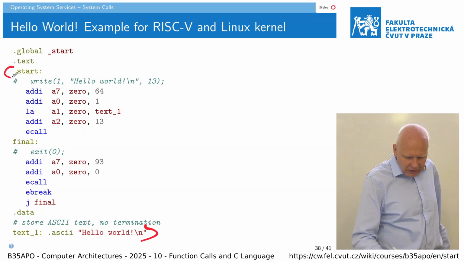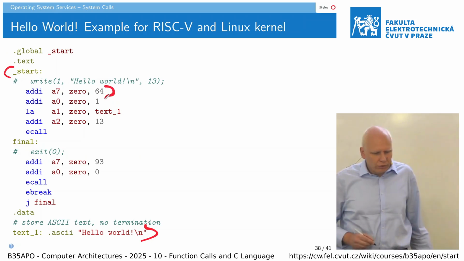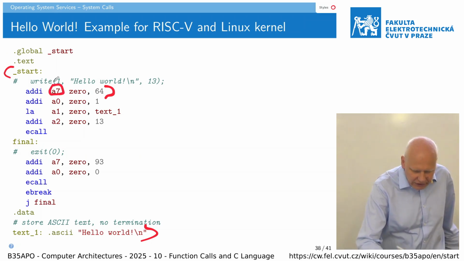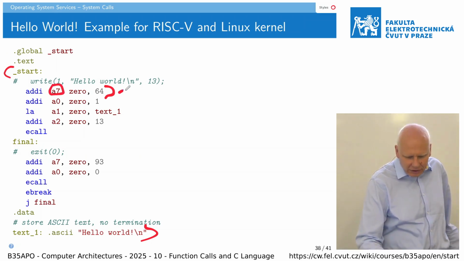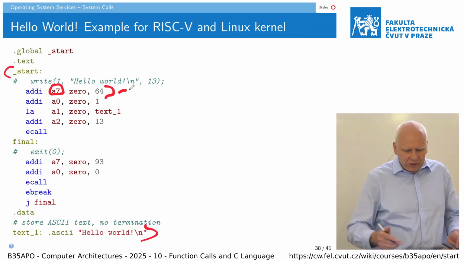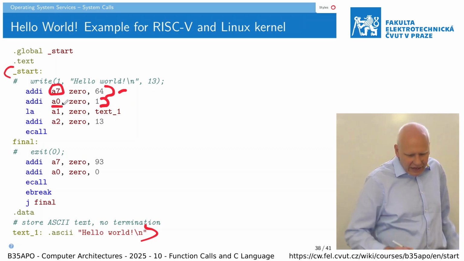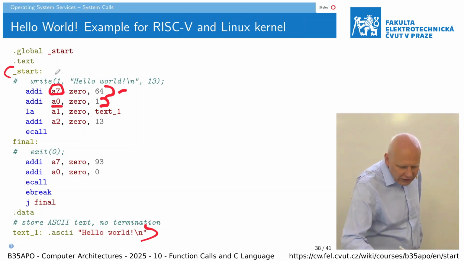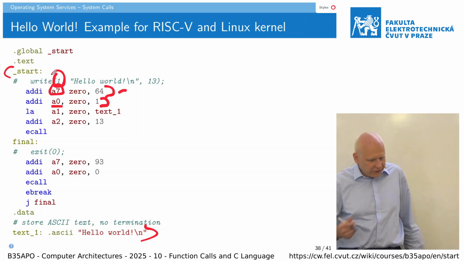It sets the number 64 to the register A7, which is in fact a system call number, which you find in the tables that it corresponds to write. Then you store 1 in A0, which you know is the handle of the standard output of the process.